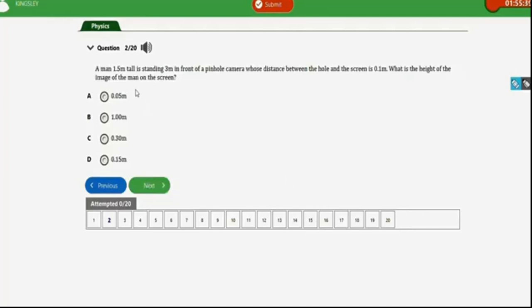It says a man 1.5 meter tall is standing 3 meters in front of a pinhole camera whose distance between the hole and the screen is 0.1 meter. What is the height of the image of the man on the screen?